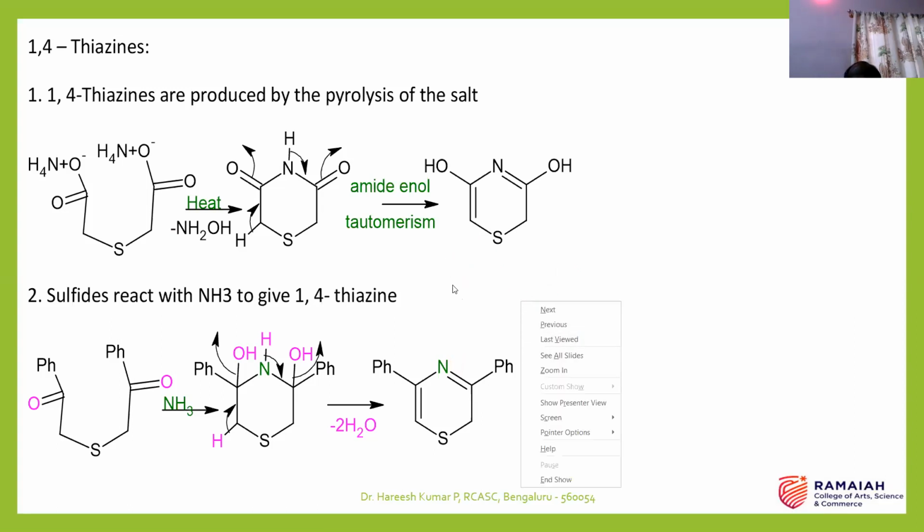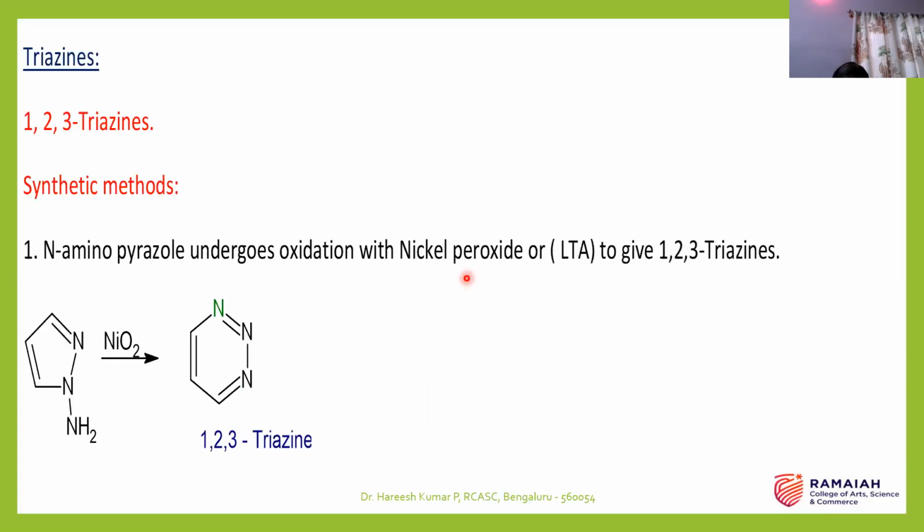Okay, so next slide, I am talking about the triazines. Triazines means the six-membered ring contains three nitrogens. Three nitrogens at 1, 2, 3.